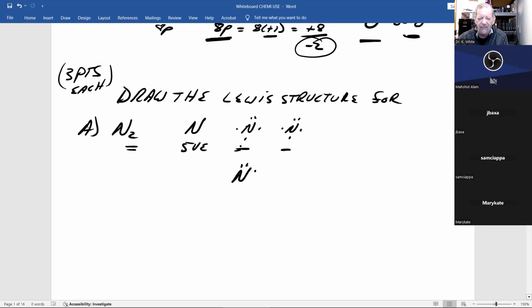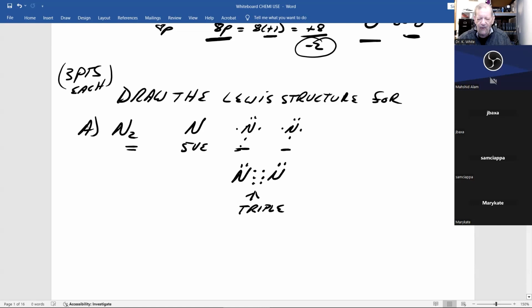And unlike the Lewis structure of an element, for a molecule you can have more than 2 dots on a side and some 0. And notice here we have 3 pair of electrons, and that's a triple bond.